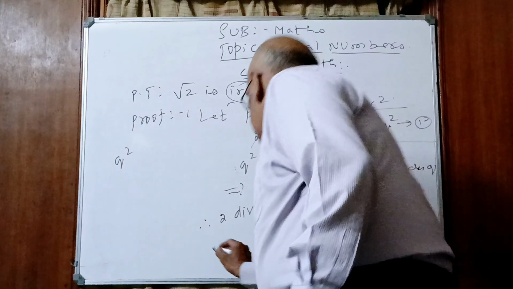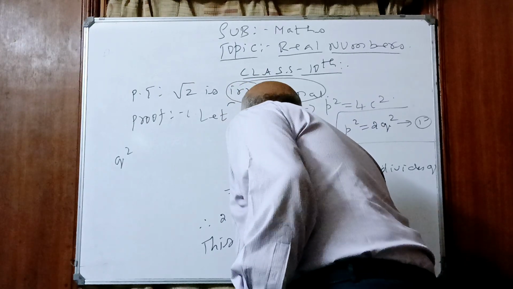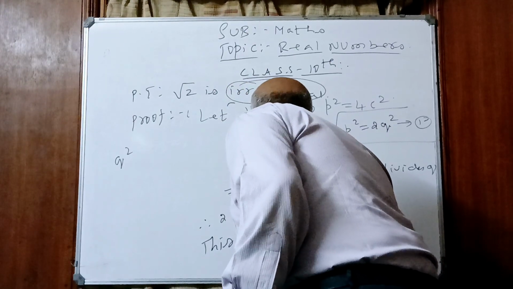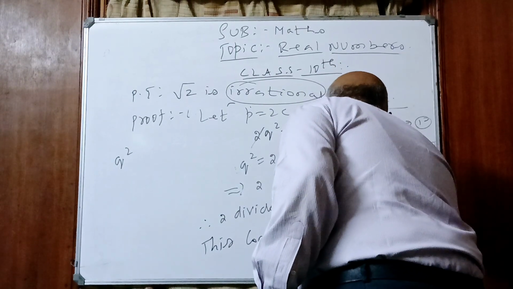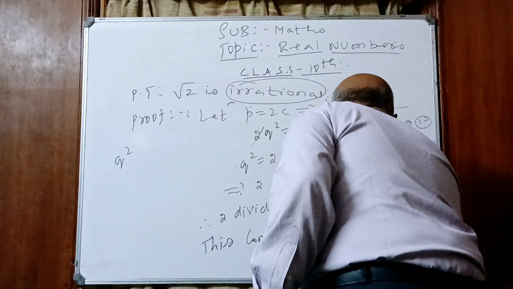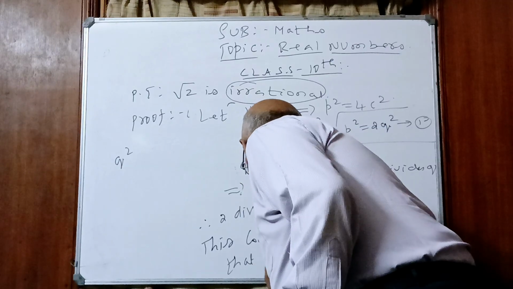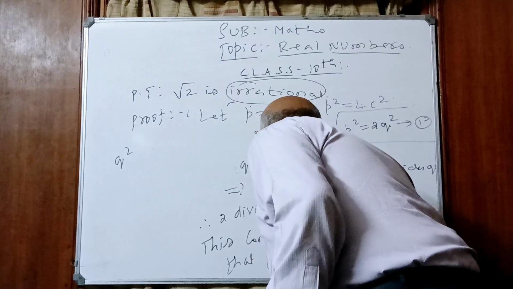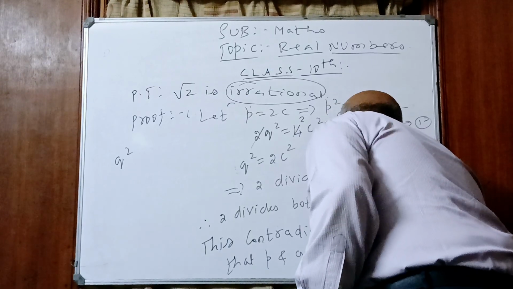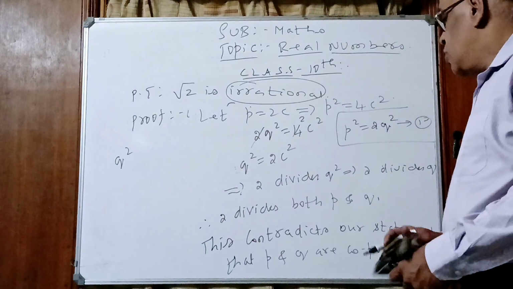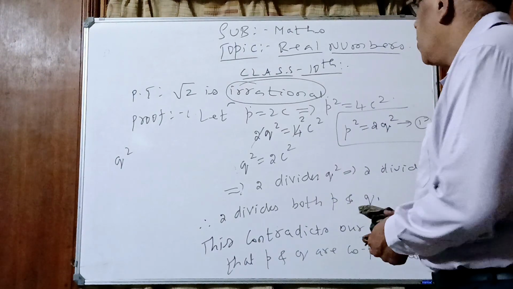This contradicts our statement that p and q are co-prime. Yes or no? This is because 2 is the common factor of both p and q. This contradicts our statement that p and q are co-prime.